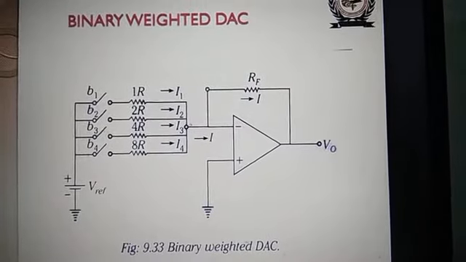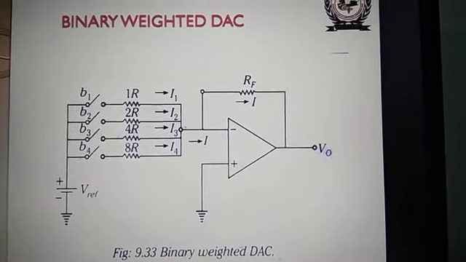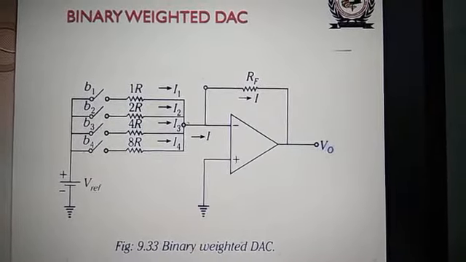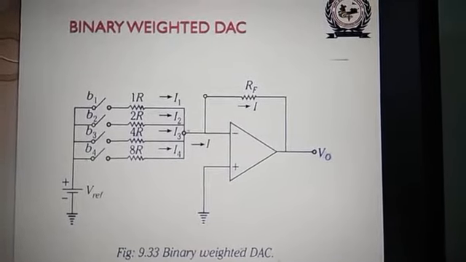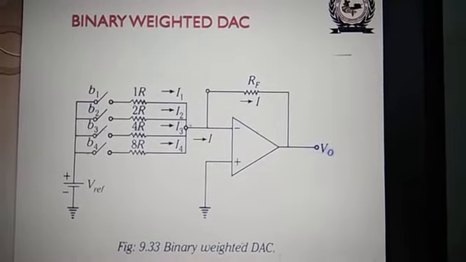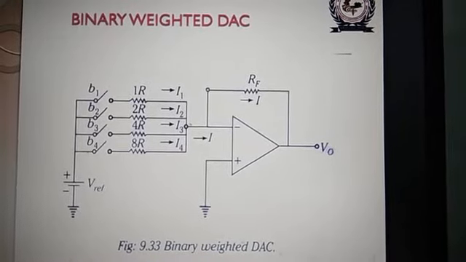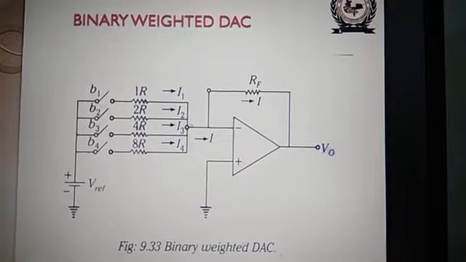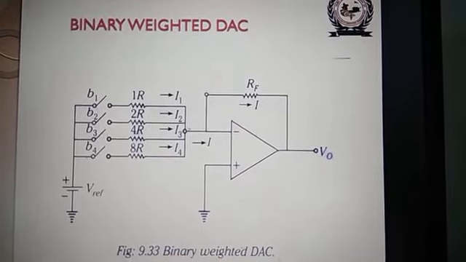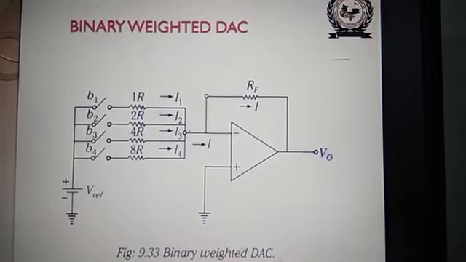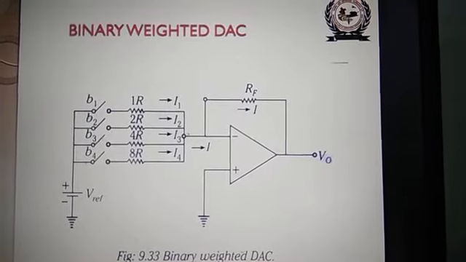Here we are considering 4-bit binary. In place of 4-bit, you can also consider 8-bit binary weighted. Accordingly, the weightage is given through the resistances R, 2R, 4R, 8R, 16R, 32R, 64R, like this. And the corresponding current will be flowing through this binary weighted network. This is called binary weighted.